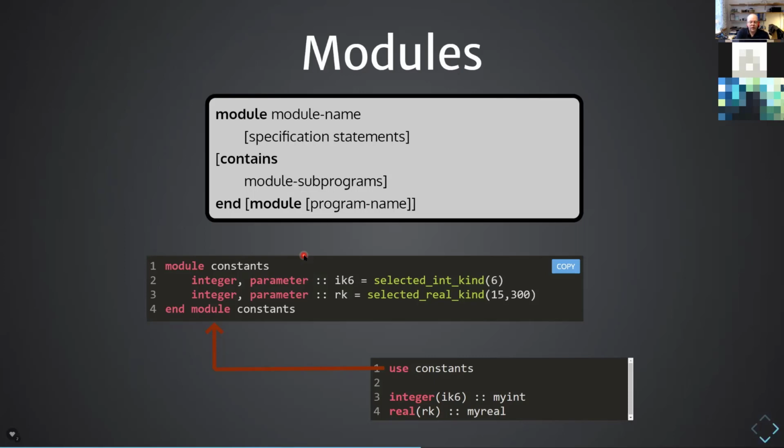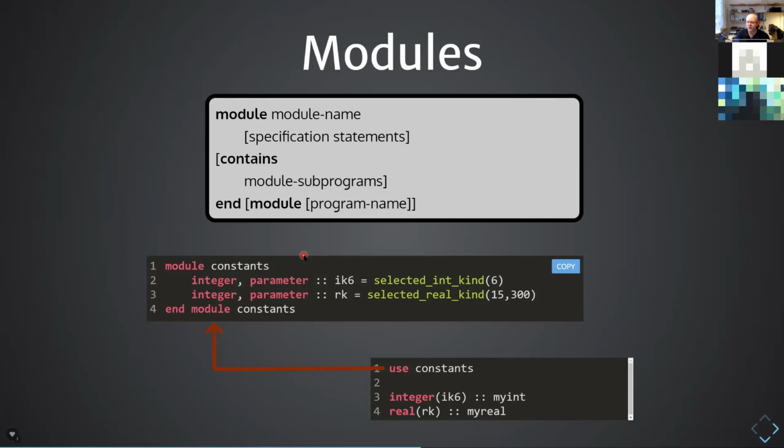So below here is a very simple module. There is no contains section. We only declare two constants here, ik6, which is a selected real kind of precision 6, and also rk, which is a selected real kind of 15,300, and assign those. So those will be contained in the module constants.